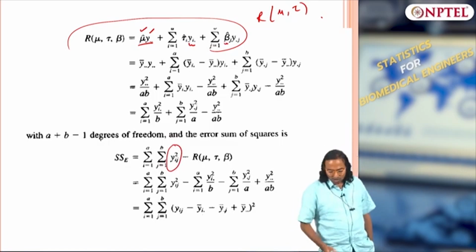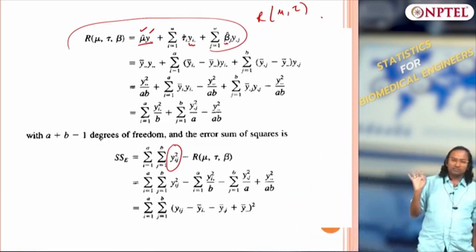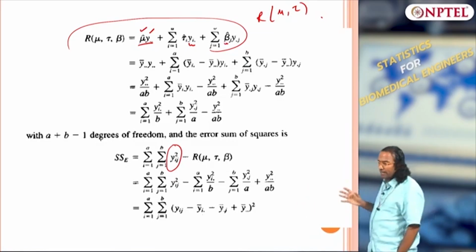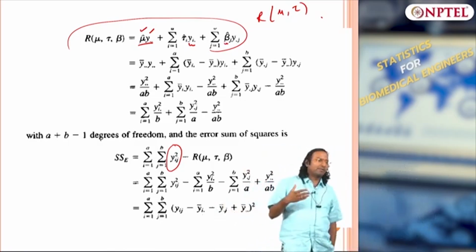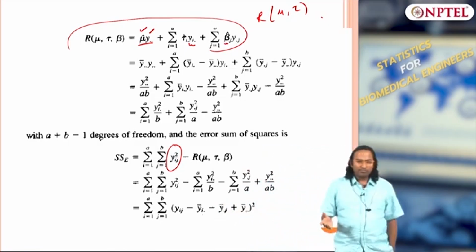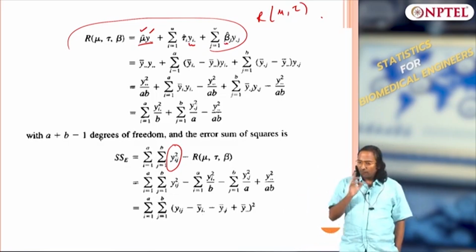So if you subtract both, you will get the sum squared error. That is how you derive the equation for sum squared error: the overall variability minus the variability explained by the model by fitting the parameters. Clear? So far so good?